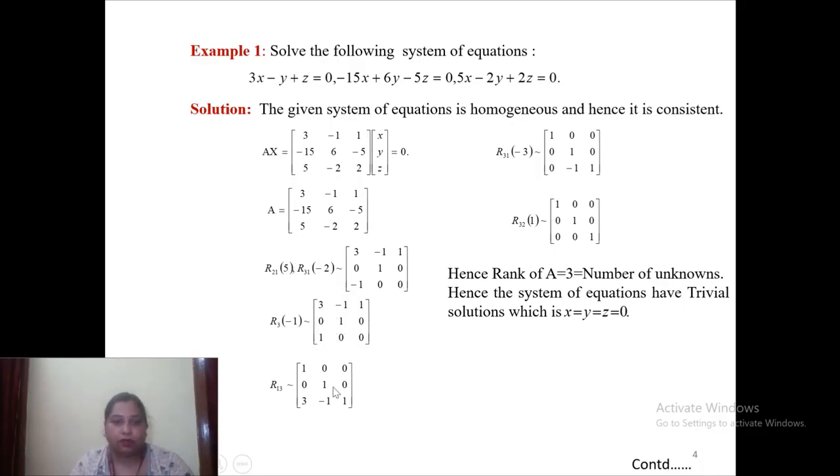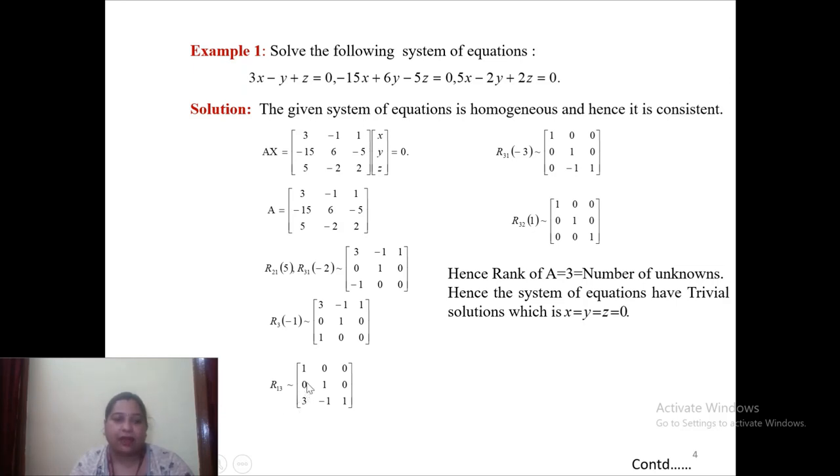So we interchange rows 1 and 3, R1 and R3. We get in the first row 1, 0, 0, second row 0, 1, 0, third row 3, minus 1, 1.